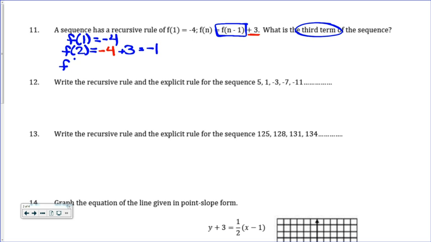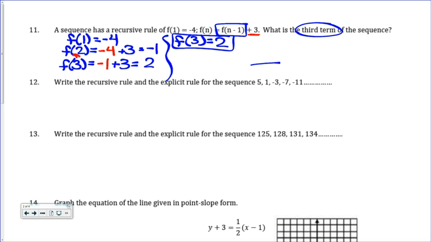To find the third term, f of 3, we're going to take the previous term, f of 2, which was negative 1, and add 3 to it, which is 2. So our third term would just be 2.